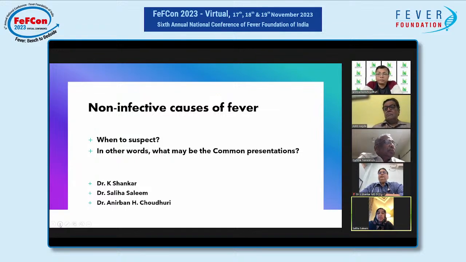Similarly, you can have ischemic syndromes like mesenteric ischemia and acute limb ischemia that can also cause some fever. So basically an inflammatory response anywhere in the body is one major chunk which can lead to febrile episodes without an infection actually going on. The second big chunk comes up if there is some underlying malignancy. That would be an important thing.